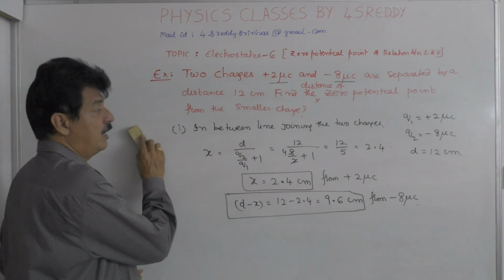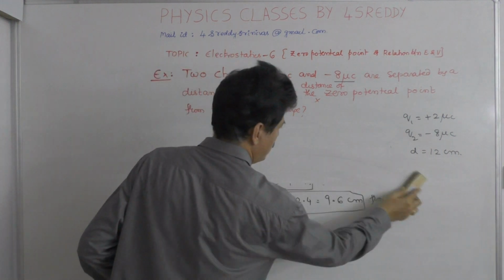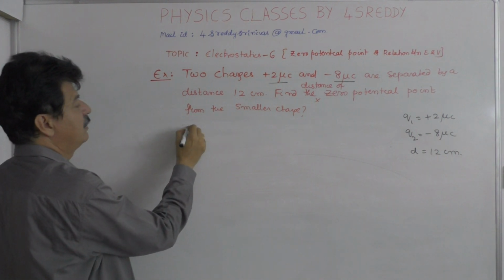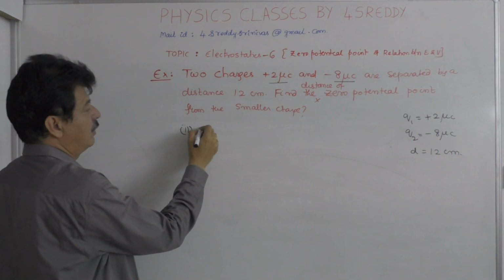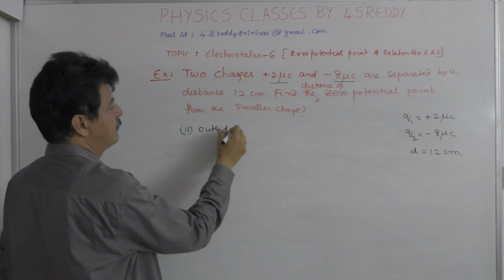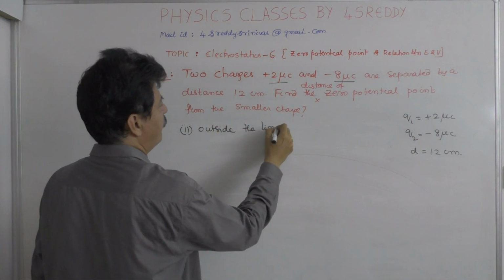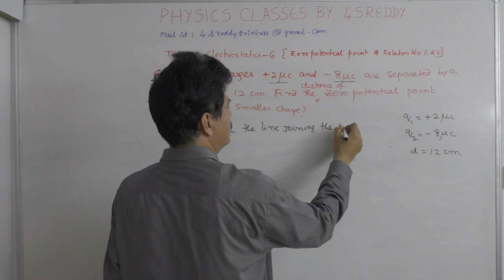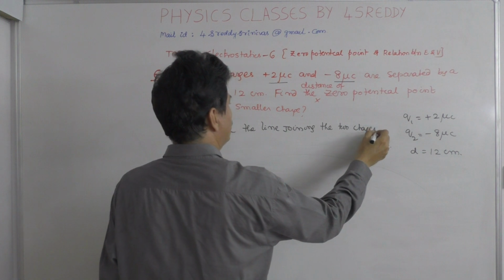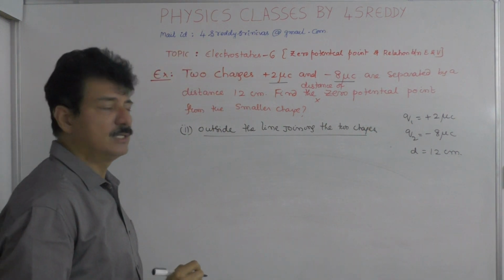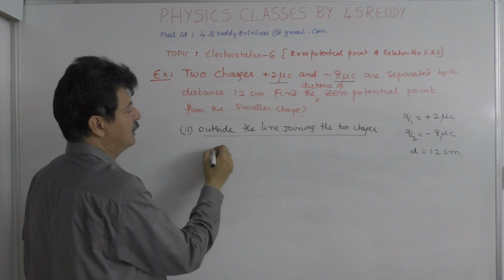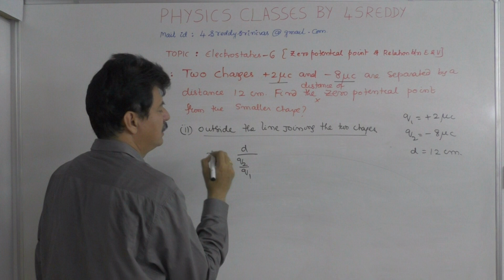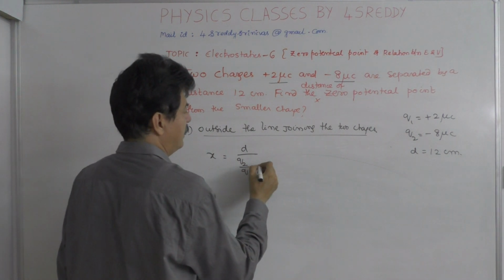And the second one, outside the line joining the two charges. For this, outside the line joining the two charges, what you have to do? Here, x is equal to d by (q2 by q1 minus 1).